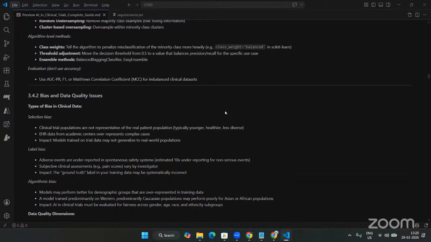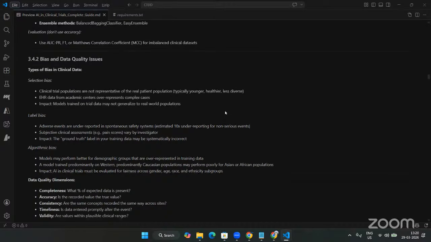That is a challenge. Then label bias: adverse events are underreported in spontaneous safety systems, with an estimated 10x underreporting for non-serious events. So that's another label bias. Then subjective clinical assessments, where pain scores vary by investigator. Impact: the ground truth label in your training data may be systematically incorrect.